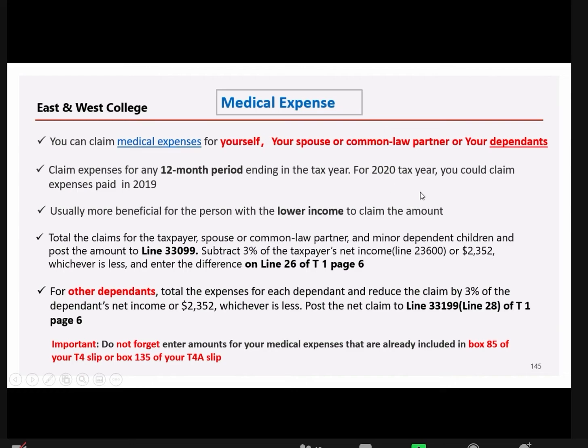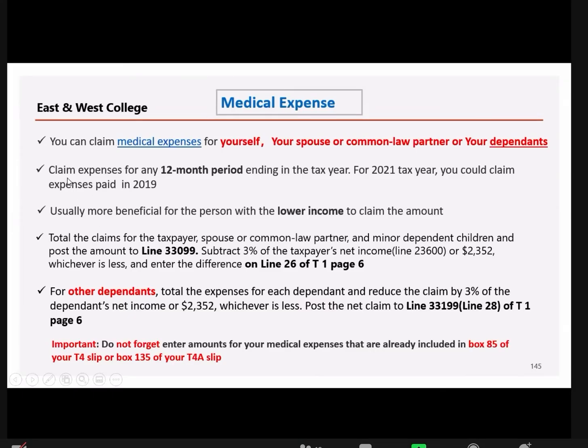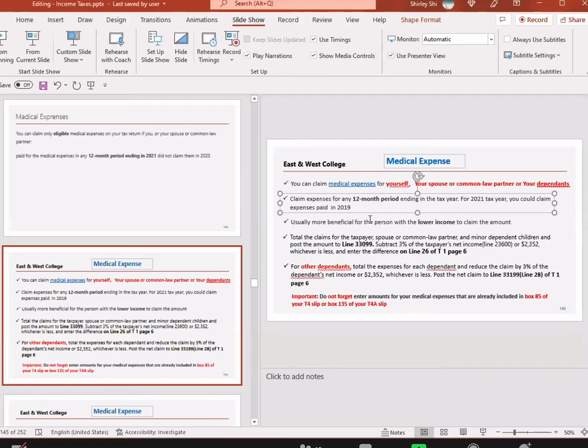This one I need to change is for 2020, so I have not updated this one. For 2021: claim expenses for 12 months ending in tax year 2021. For the 2021 tax year, you could claim expenses paid in 2020, not 2019.